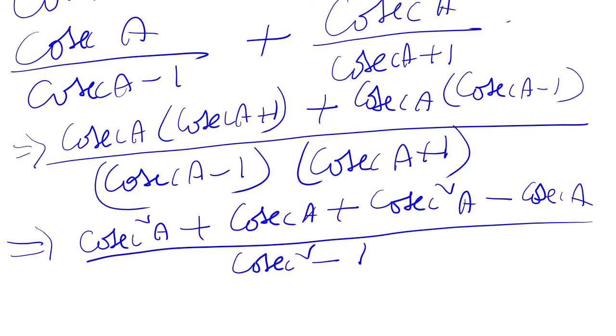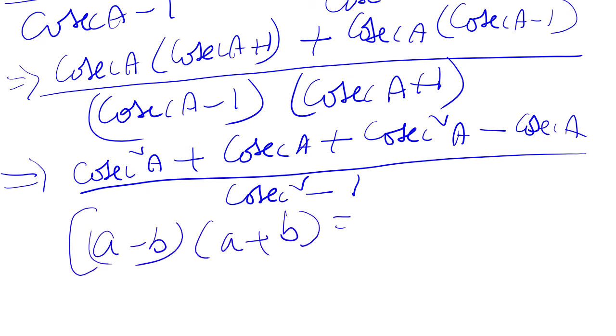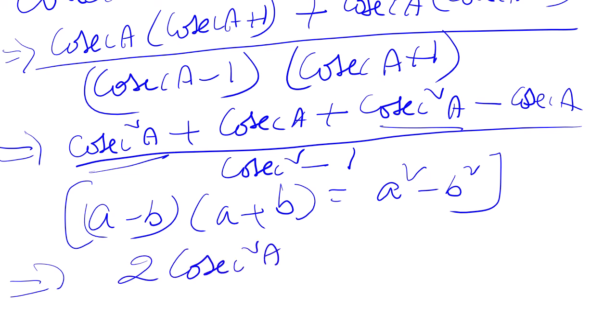Now what all we have used? We have only used (A minus B)(A plus B) is A square minus B square. So now this is cosec square A and cosec square A is 2 cosec square A, plus cosec A minus cosec A gets cancelled.